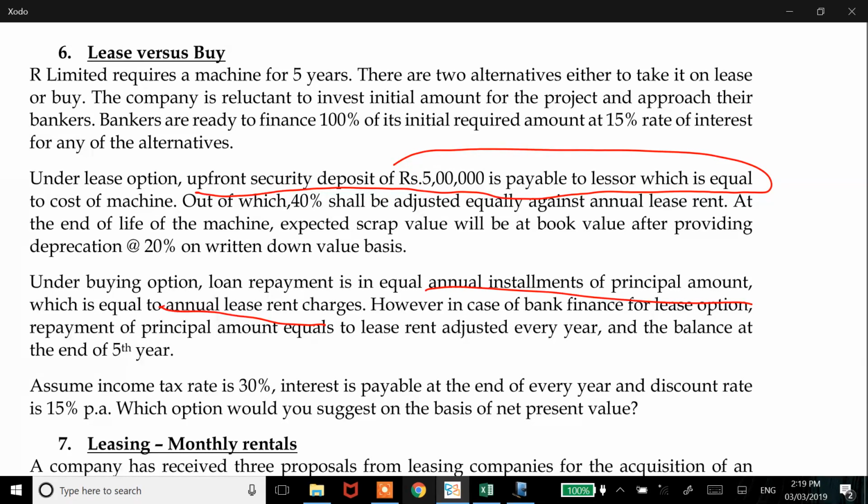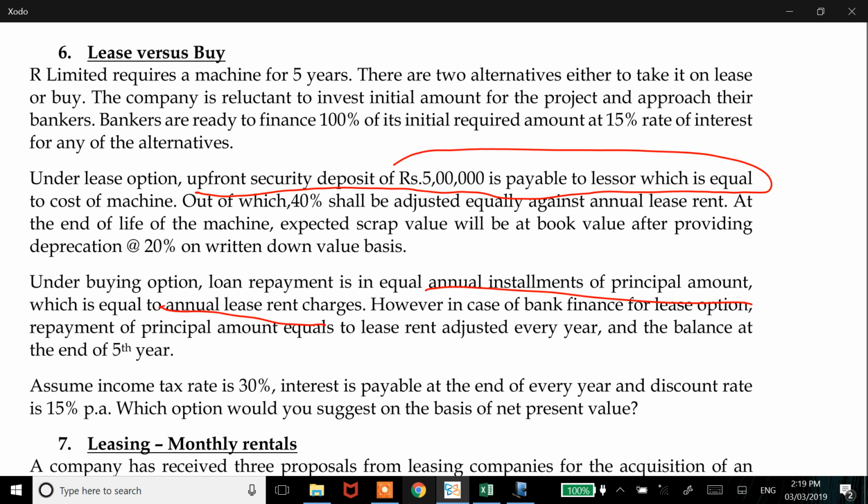In lease, I need a loan because he is telling me to create an upfront security deposit of 5 lakh. In loan, I have to anyway buy. If I had the money to create a security deposit of 5 lakh, I as well could have bought the asset. So in both the cases, I need a loan.